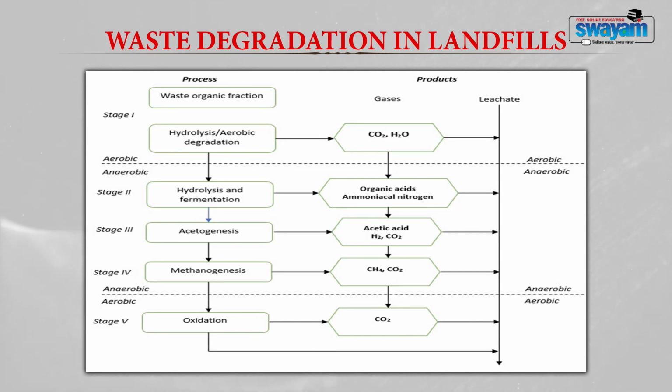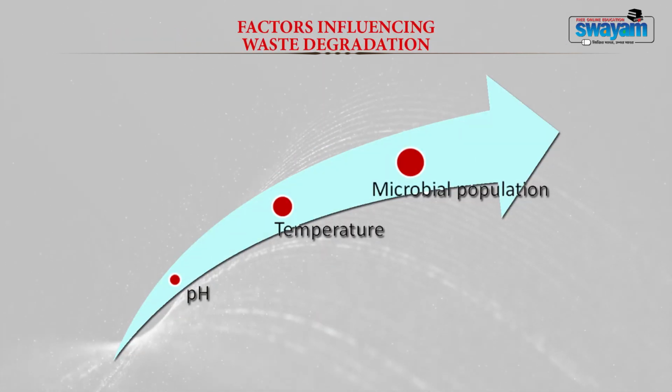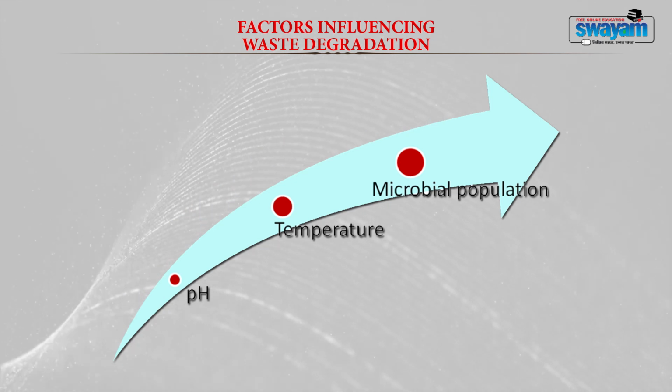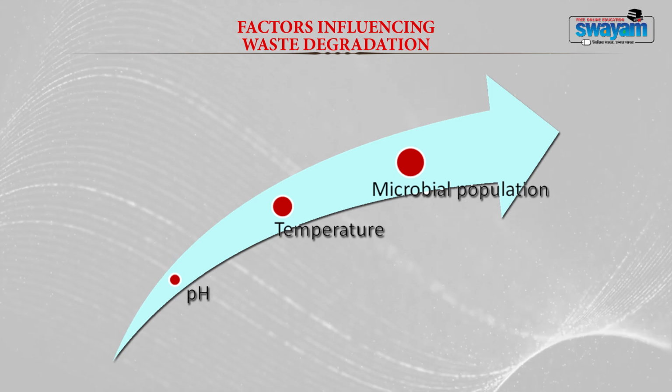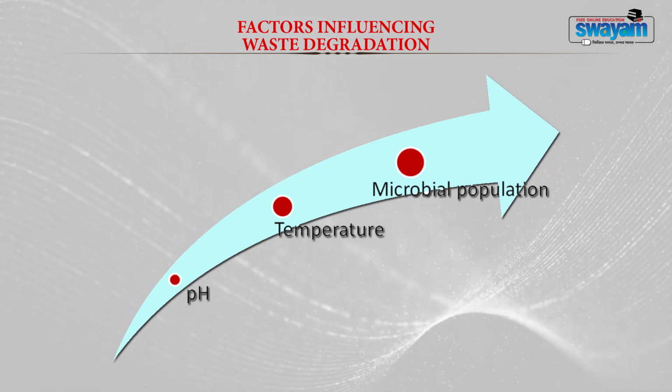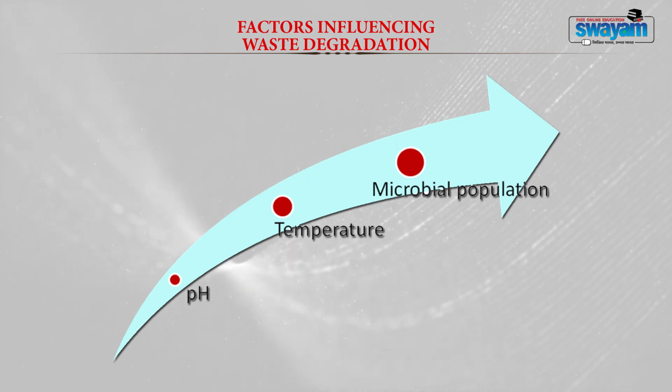When your waste gets degraded or decomposed, it results in the production of methane, carbon dioxide and trace levels of hydrogen. There are many factors which influence the waste degradation within your landfill, like temperature, pH, the population of microorganisms and so on. For all these stages to occur properly, you should have proper pH.